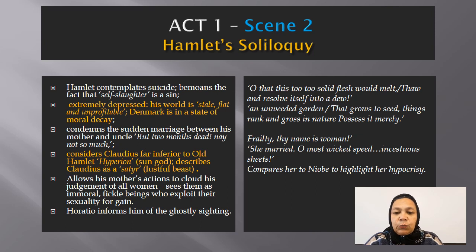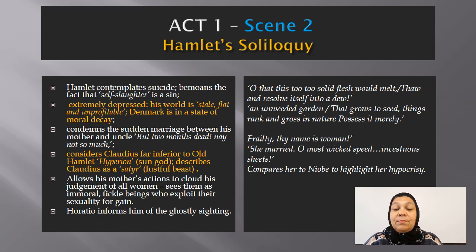Now, when he refers to his mother, it seems as if her actions have clouded his judgment on all women. He compares Claudius to his father, and he finds Claudius far inferior to his father. It seems that Hamlet places his dead father on a pedestal.